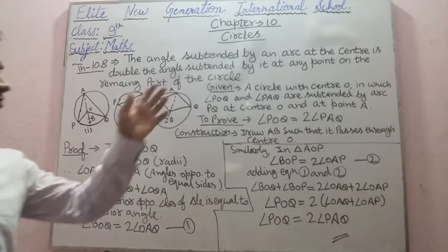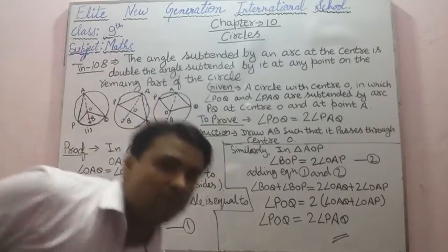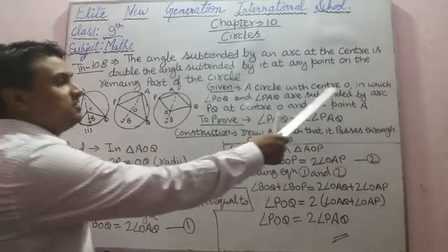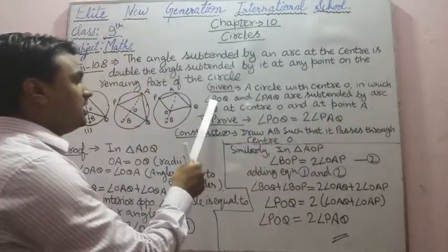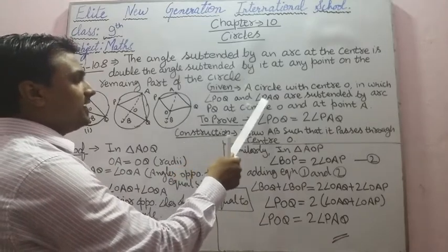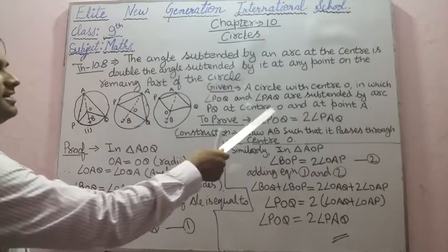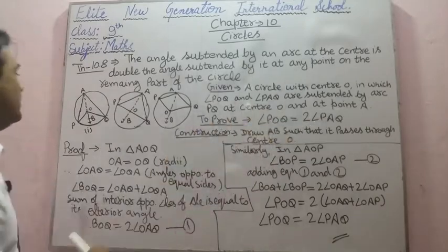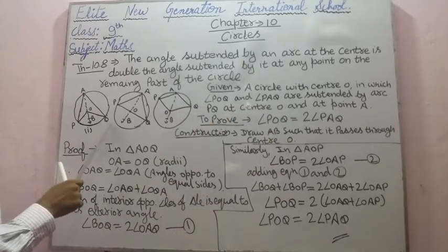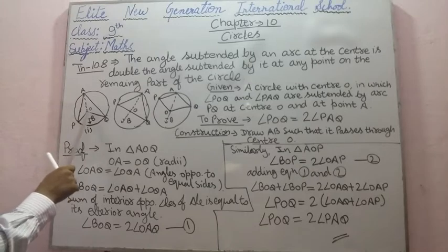First of all, the given: we have a circle with center O in which angle POQ and angle PAQ are subtended by arc PQ at center O and at point A. That means PQ is the arc and O is the center.